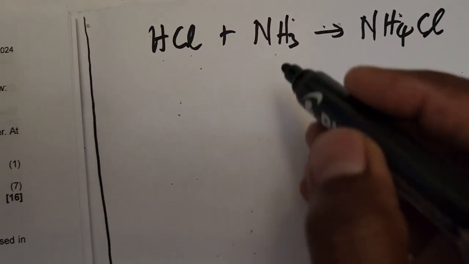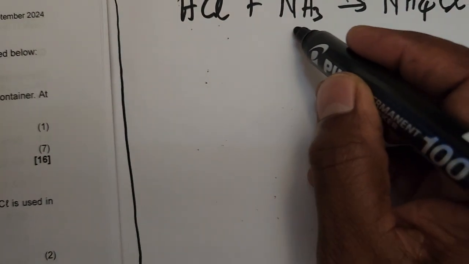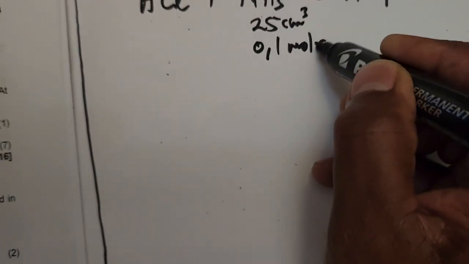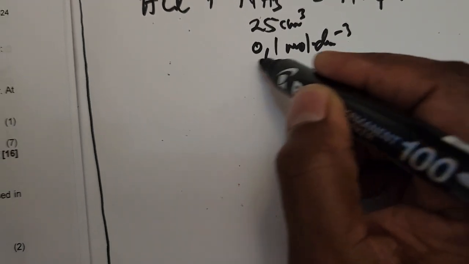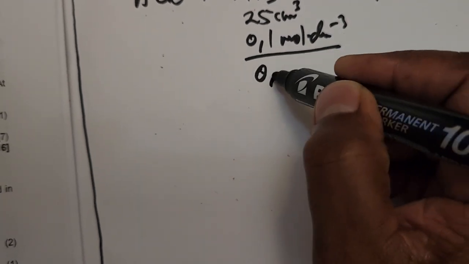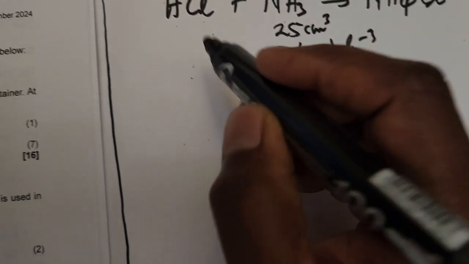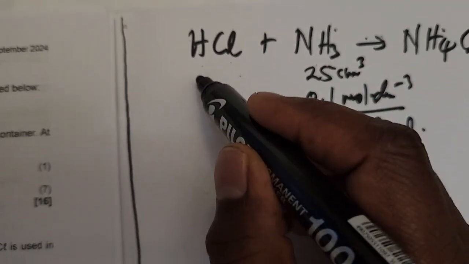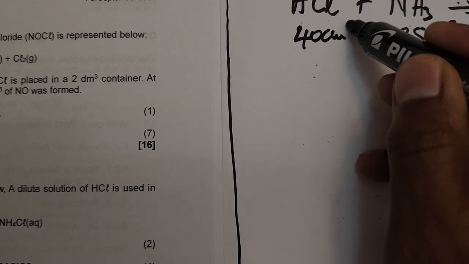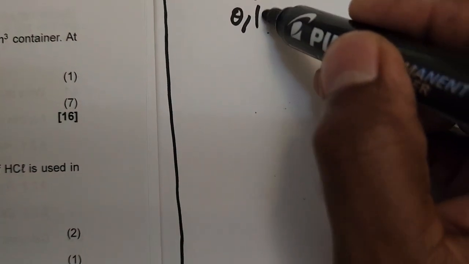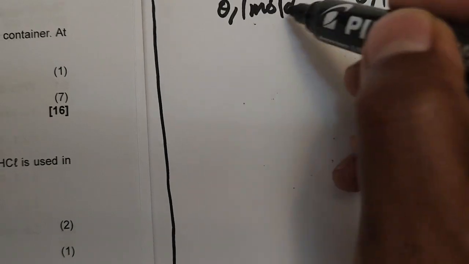So what we know from ammonia, we already given, it was 25 cubic centimeter, concentration of 0.1 mole per dm cube. Then we found the number of mole as 0.0025 mole. HCl, we are given 40 cubic centimeter. Now they are telling us that the concentration is also 0.1 mole per dm cube.